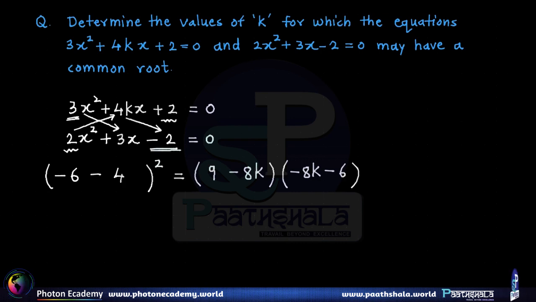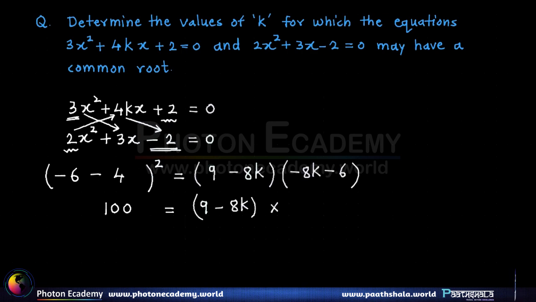Now on the left hand side we have minus 10 square which is equal to 100, that is equal to 9 minus 8k. If you take 2 common, we will be left with minus 4k minus 3.